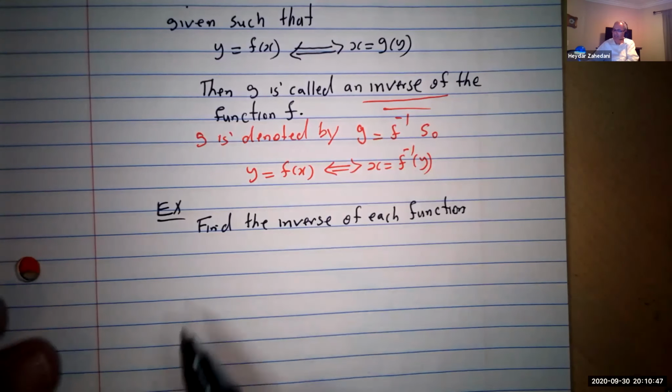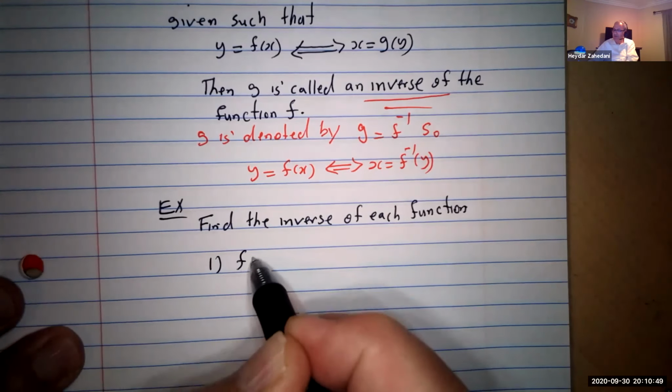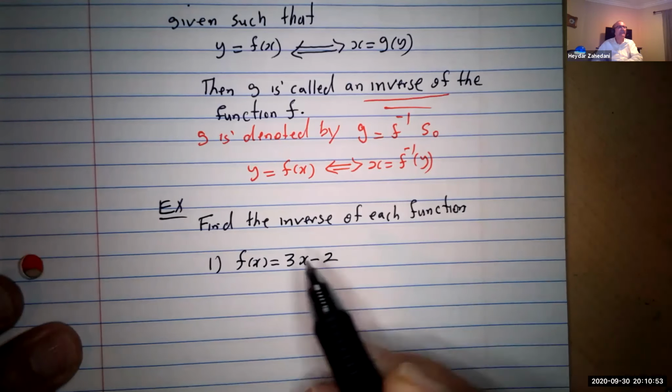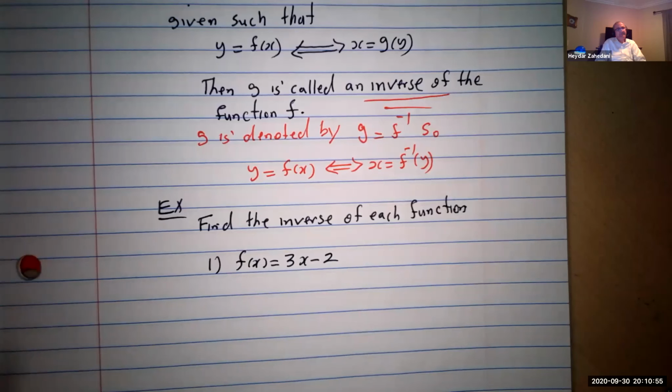First one, f of x equal to 3x minus 2. You see, y is a function of x. You want to switch it. This is going to be y equal to, give us x equal to.